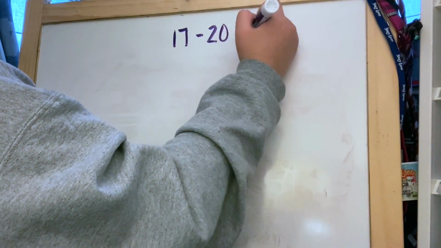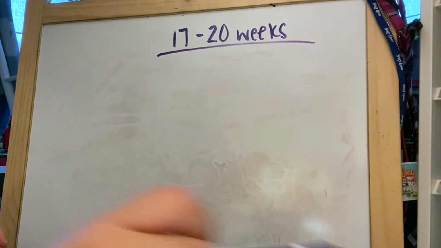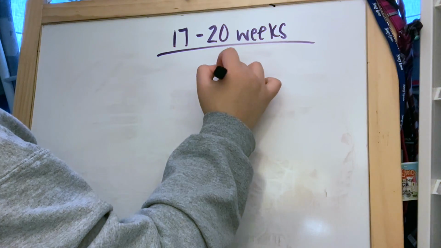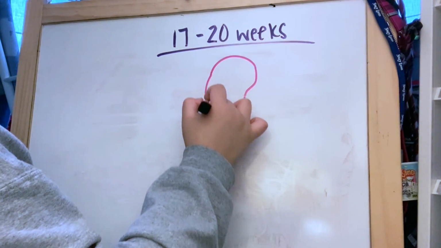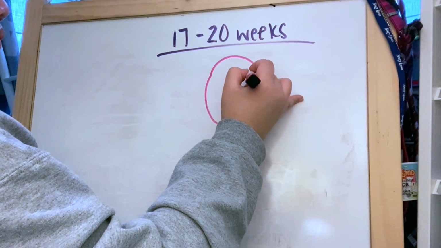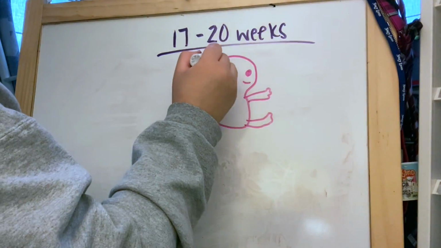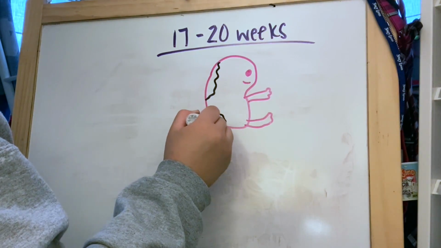So now we reach about 17 to 20 weeks of pregnancy, or about 5 months, and this is where the body starts to get a little bit bigger. The baby is going to be covered in vernix caseosa, which is a waxy white thick substance that covers the body. This is seen when a baby is first born, covered in this jelly consistency.